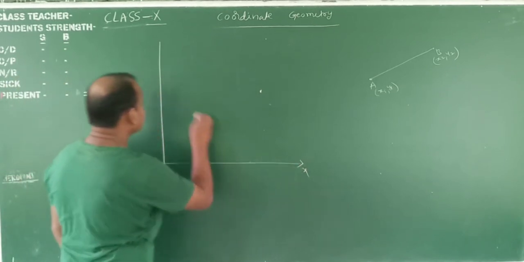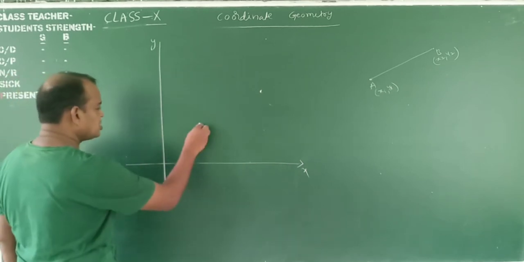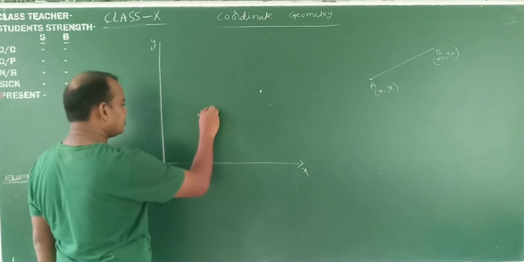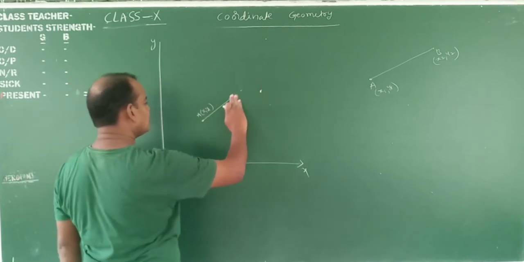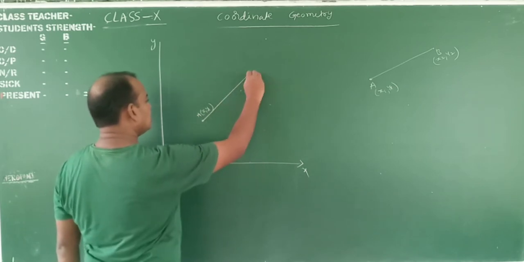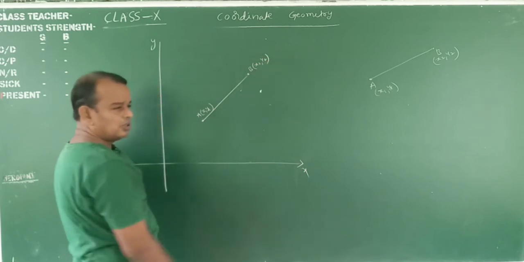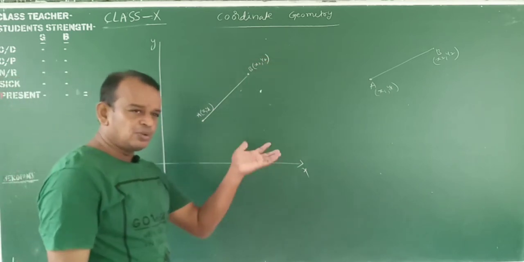Here this is the x axis, this is the y axis. First of all, we will take the 2 points. This is A(x1, y1), my dear students. This is B(x2, y2). Before the formula, the distance from A to the x-axis.